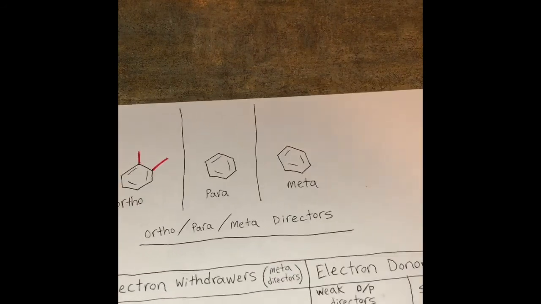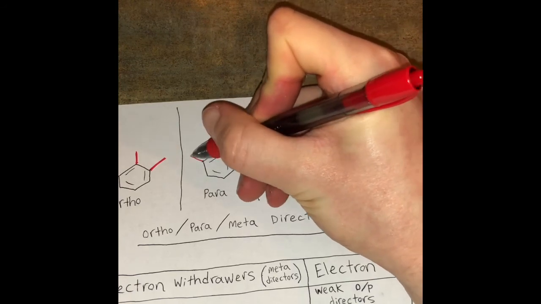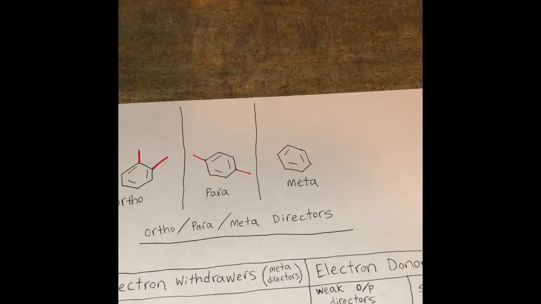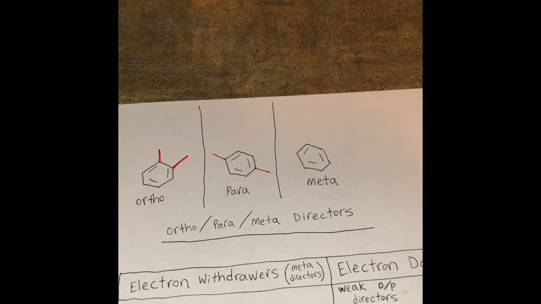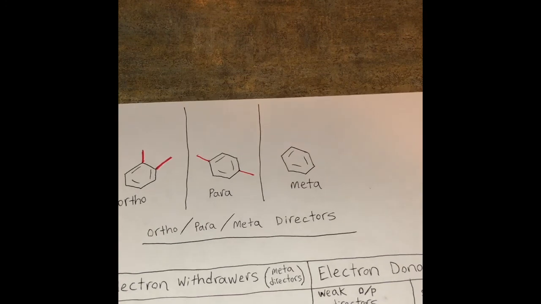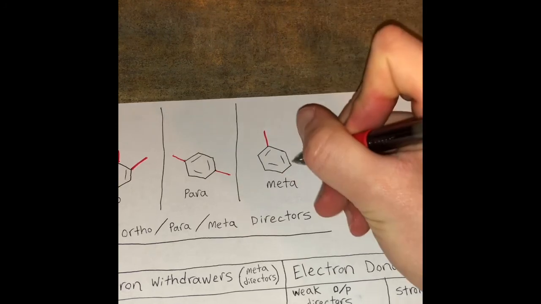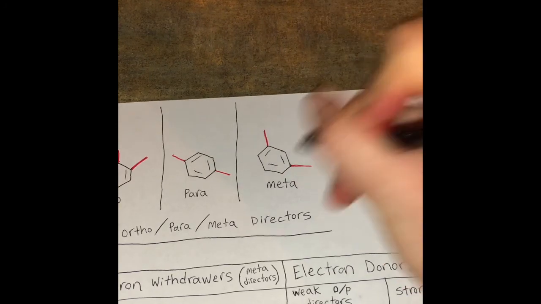Now, para, you have groups on carbons that are 180 degrees opposite each other. So there's really nothing that I have good to remember that one, but for meta, you have a group, then we leave a carbon empty, and then you have another group.